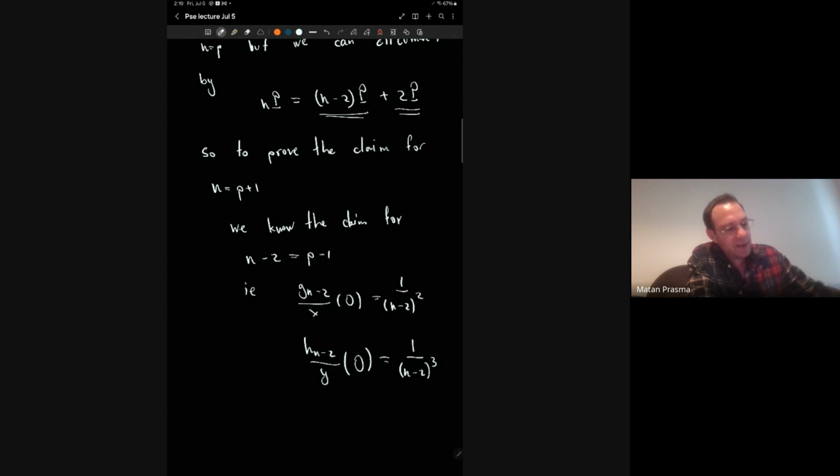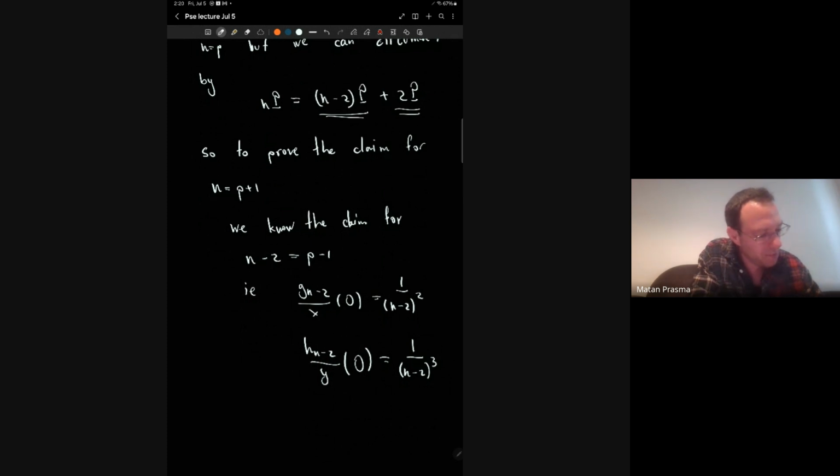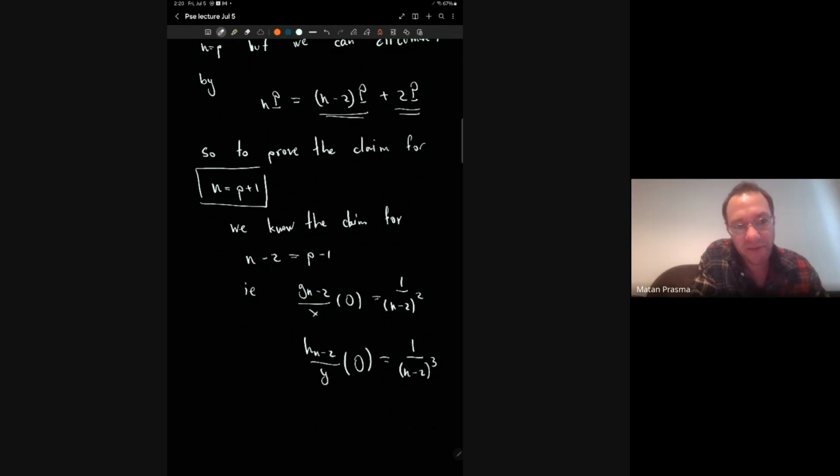You see, I want to prove the claim for n equals p plus 1, but I cannot rely on the claim for n equals p, I mean for n minus 1, because the claim is not supposed to be true for n equals p. So instead, I do a different decomposition. For n minus 2, I do know the claim.